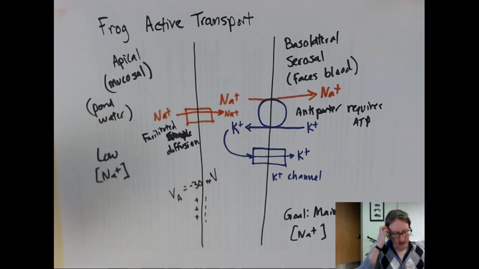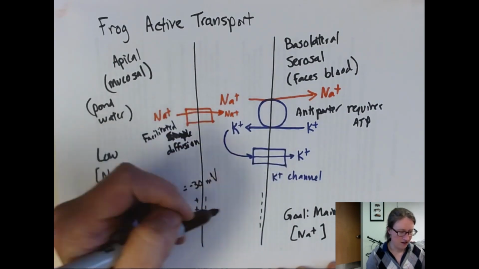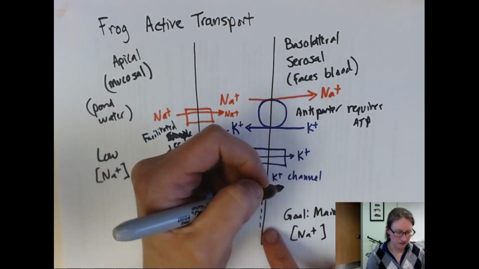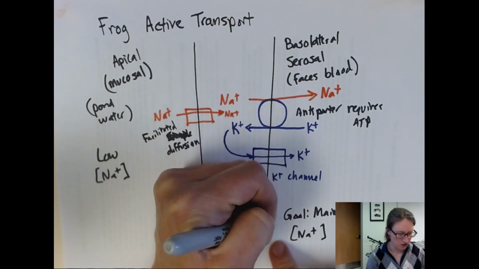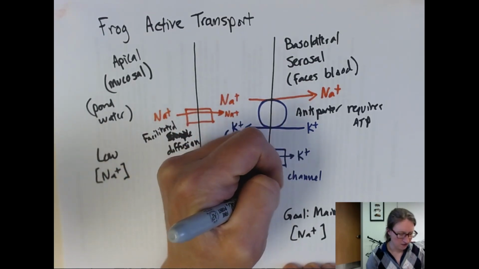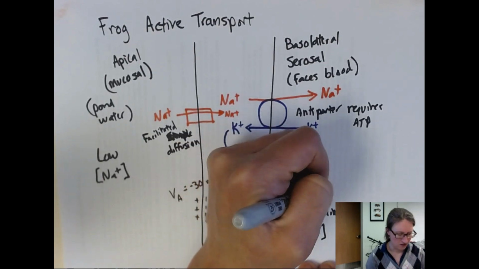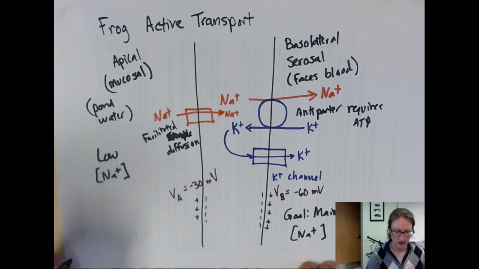And then on the basolateral surface, there is, again, a net negative charge inside of this membrane, a net positive charge outside of this membrane. So the difference here, which we can call VB, is, let's just say, something like 60 millivolts.